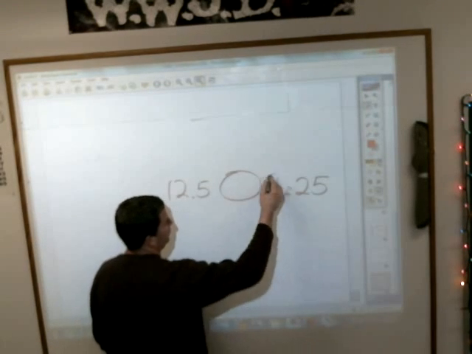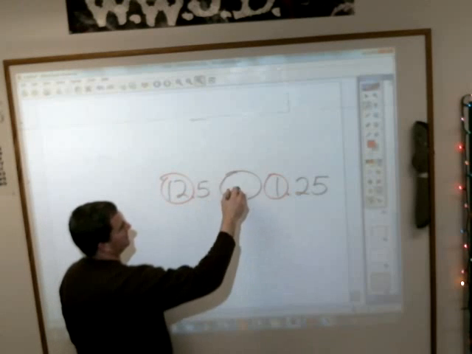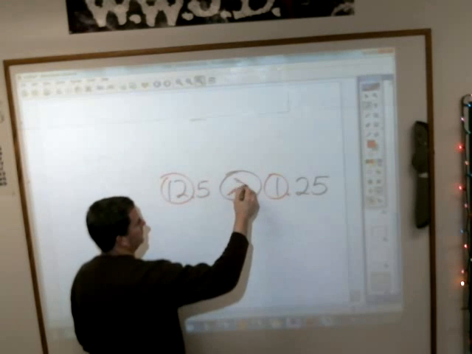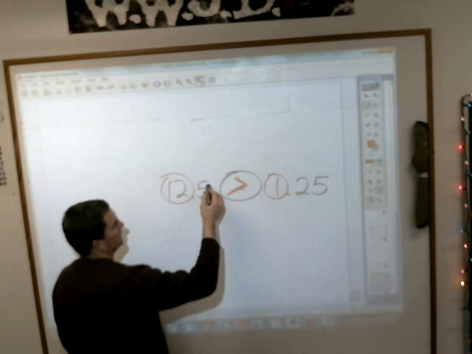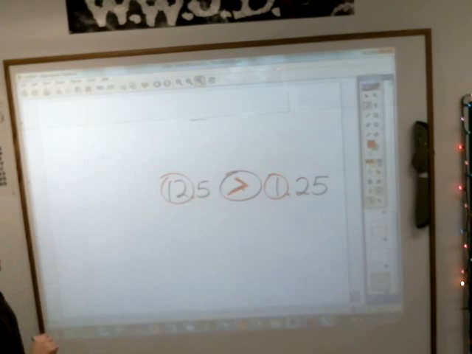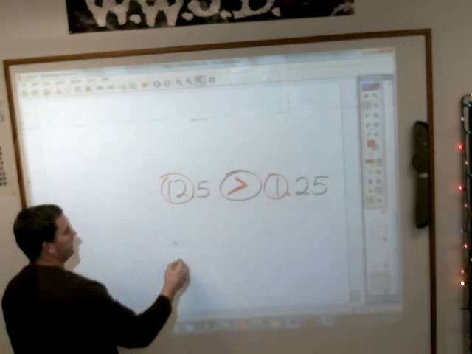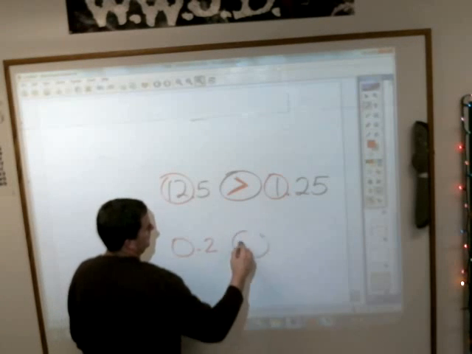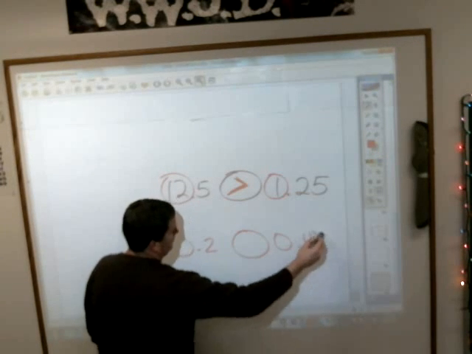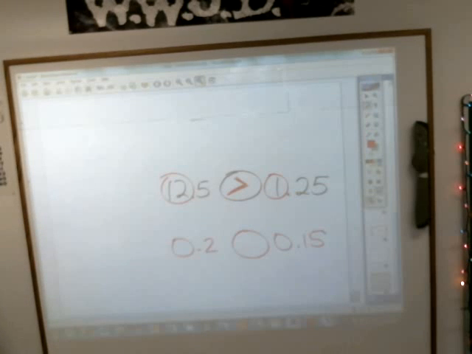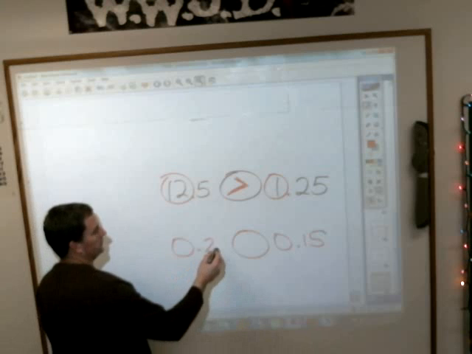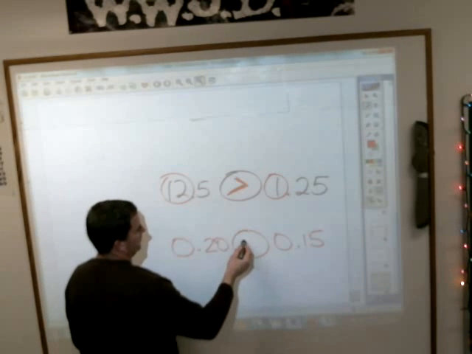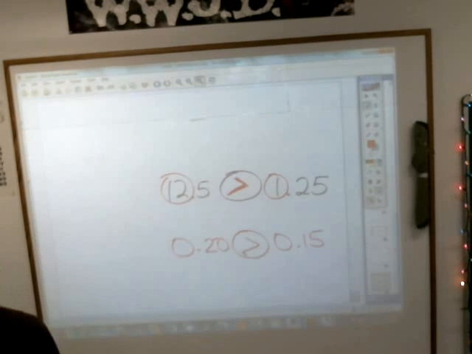This has a 1 and this is a 12, and no matter what comes after it, 12 will always be bigger than 1, even if you add a 0 over there. So look at the whole numbers first, and then you look at the decimals if the whole numbers are the same. 0.2 or 0.15? Which one's bigger, 0.2 or 0.15? Great. 0.2, because that's 20 in there. Okay, 15. And that's pretty much it.